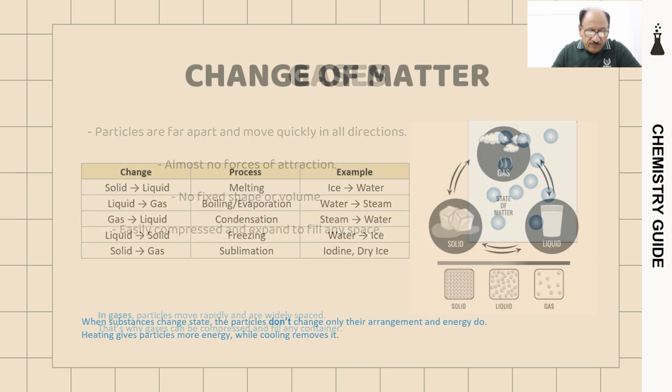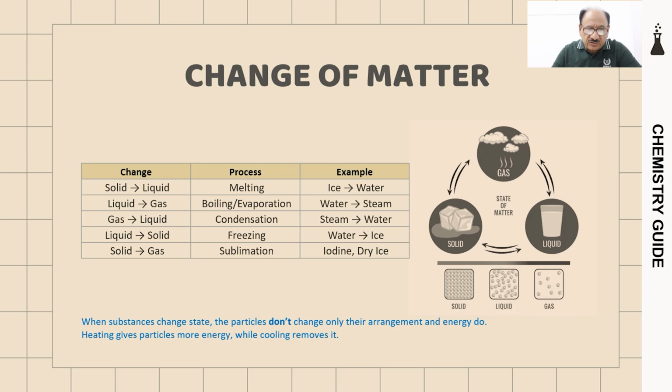Now we can compare the change of state when we switch from one state to another. We know that the states of matter are solid, liquid and gas, and we can interchange these states. If we heat a solid, we can switch it to liquid, and the liquid can be further heated to gas.